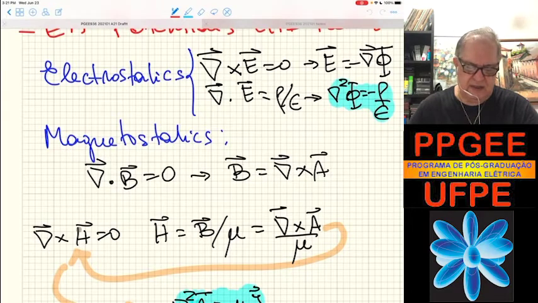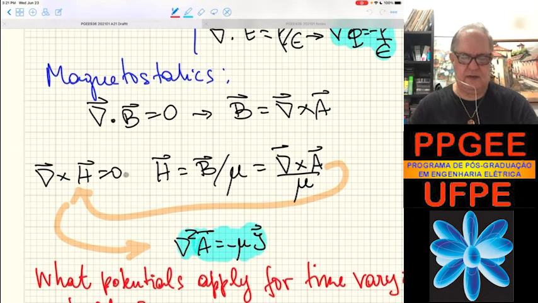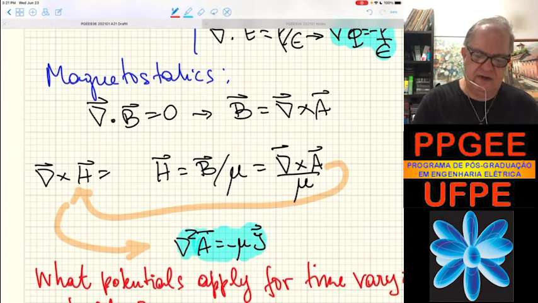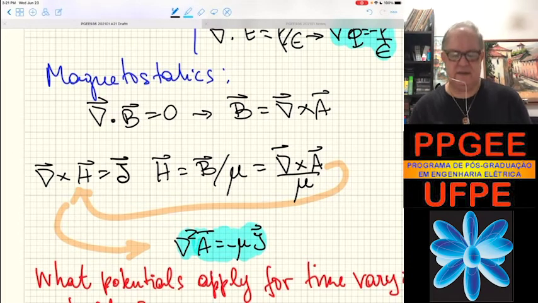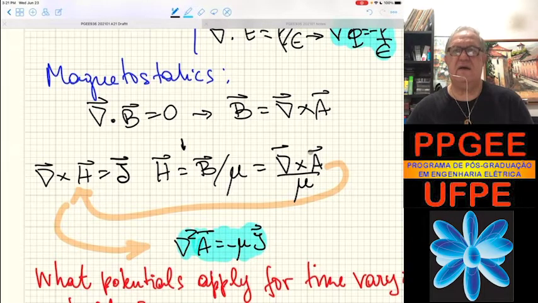Then we go to Ampere's law for stationary currents, curl of H equals J. Then use the linearity of the field, the relationship between H and B through the permeability, and you prove that H equals curl of A divided by mu.